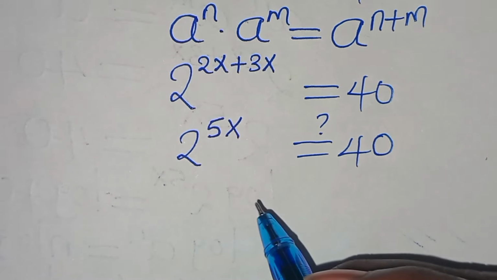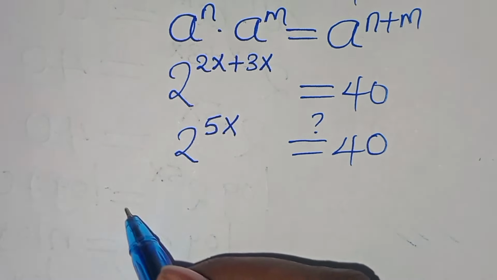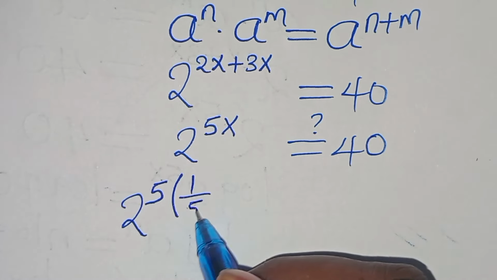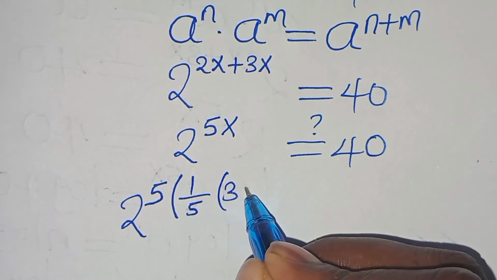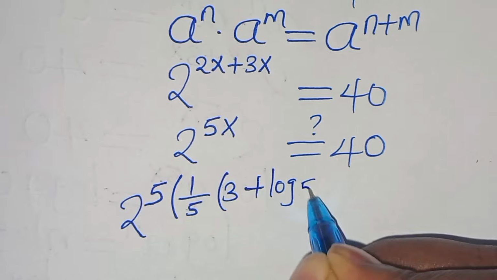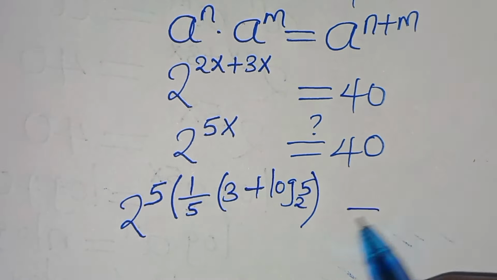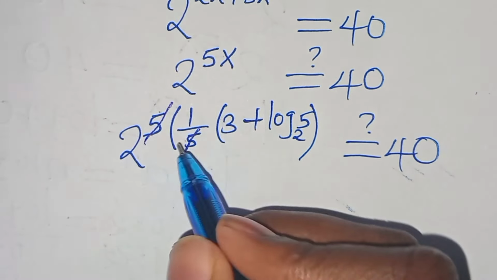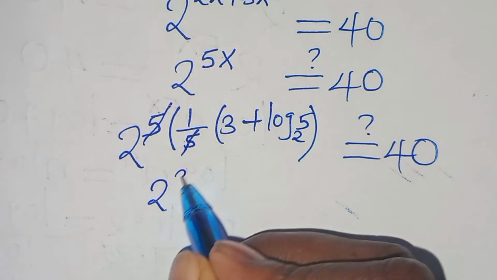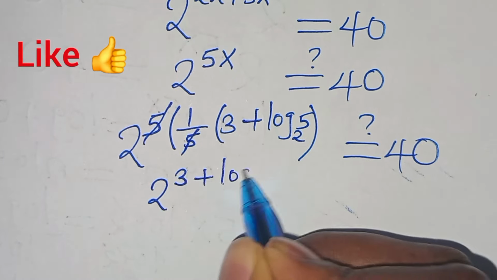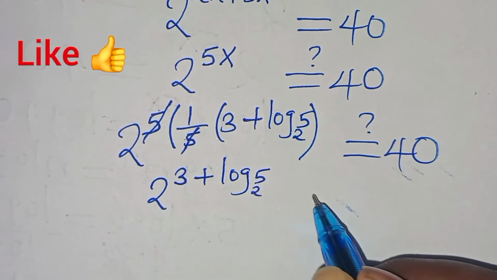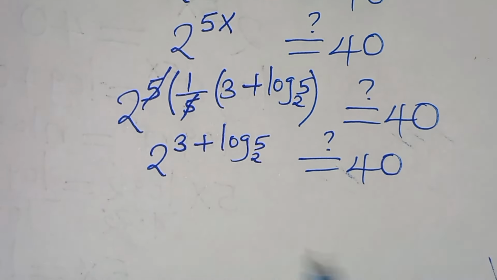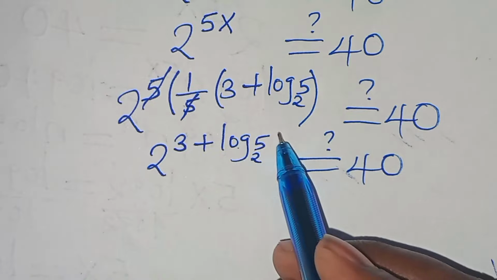So let's substitute the value of x, so that now we have 2 to the power of 5 times x. x is 1 over 5 multiplied by 3 plus log 5 to base 2. This is supposed to give us a value of 40. So let's simplify 5 and 5 here, so that you have 2 to the power of 3 plus log 5 to base 2.